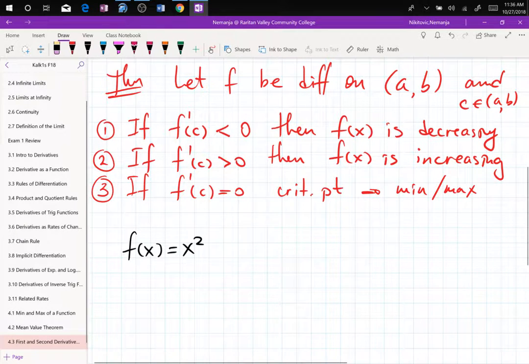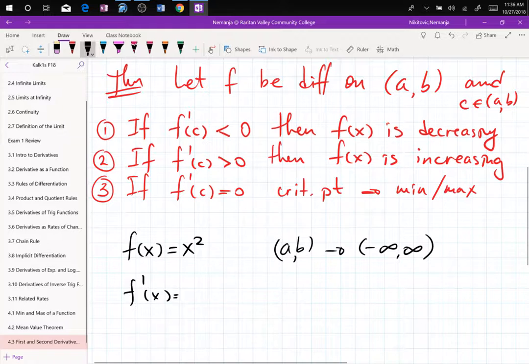Well, first off, I see that my interval a, b here is negative infinity to positive infinity. It's the entire domain of x squared. So the derivative is 2x. We set that equal to 0 to find critical points. So x equals 0.